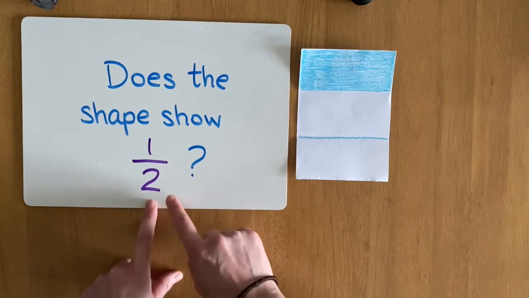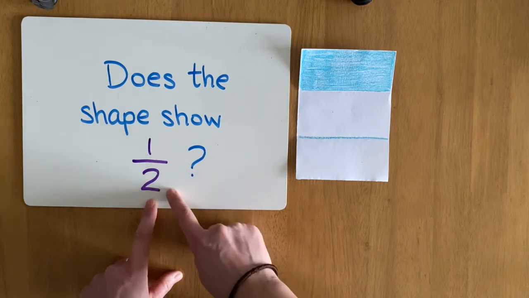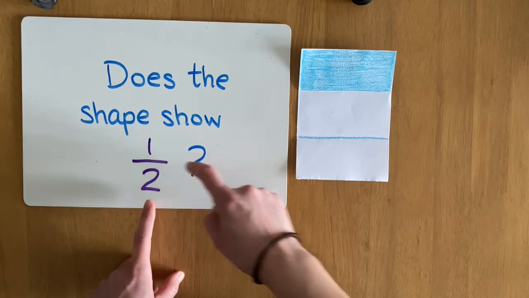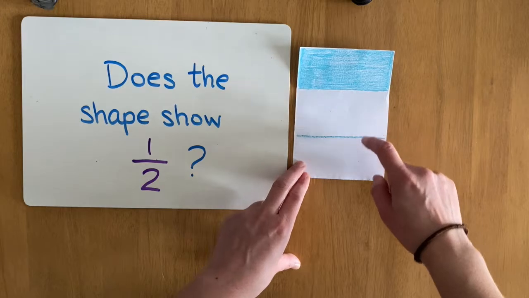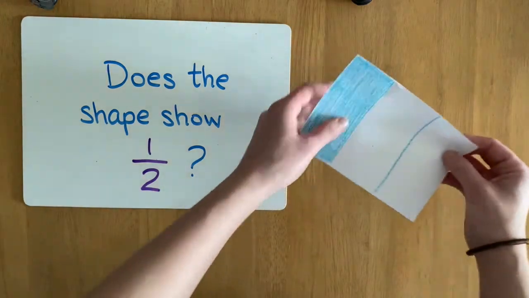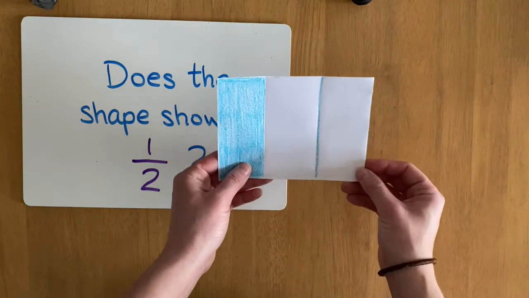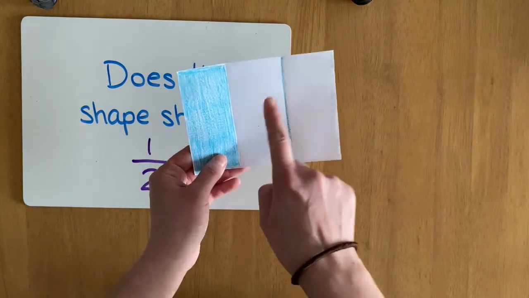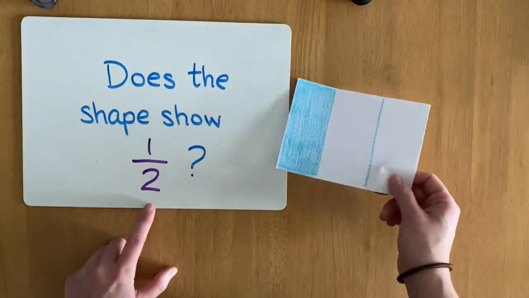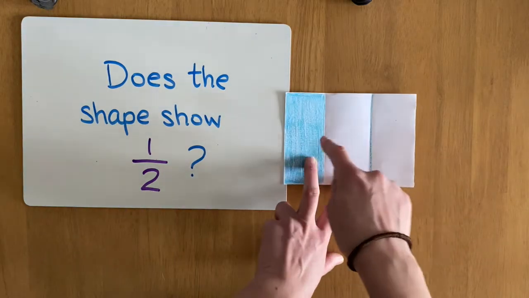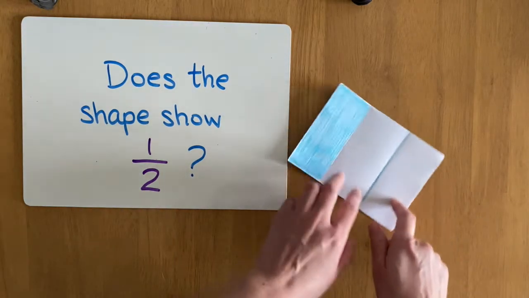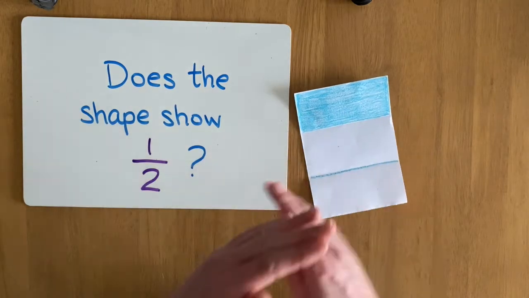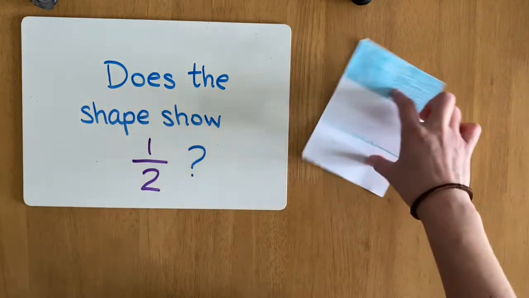We split it into 2 equal parts and we hold one of those parts. How many parts is this rectangle split into? It's split into 3. 1, 2, 3. So already we know it can't be half because this is split into 3 parts. We are holding one part, but it's split into 3. So this does not show 1/2.